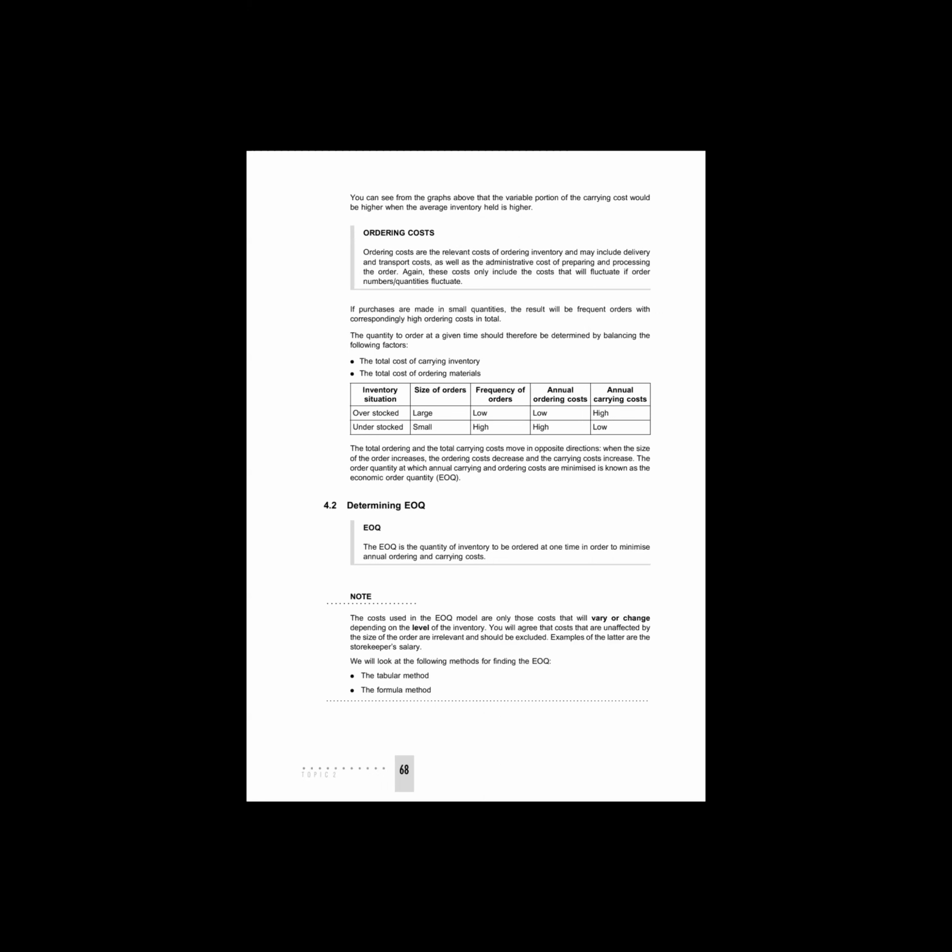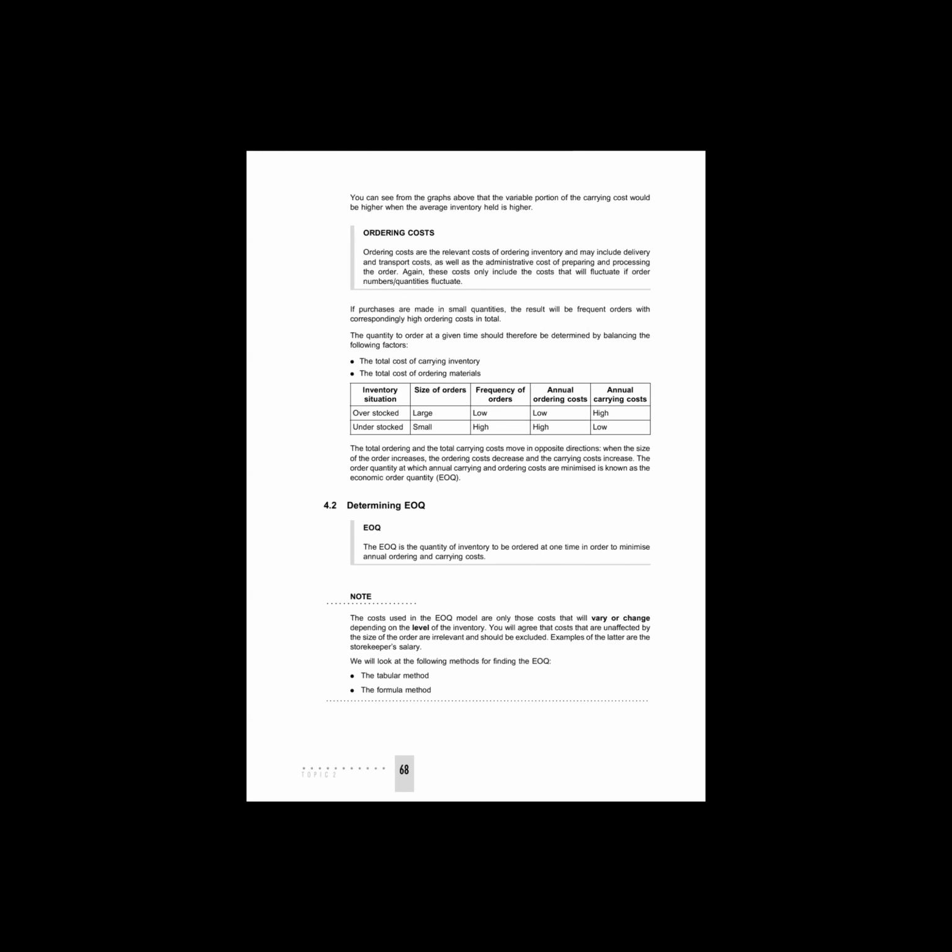If you're understocked, in other words not carrying a lot of stock, then it's likely that the size of your orders is small and you are making these orders frequently. Then the ordering costs are high and the holding costs are low. So ordering costs and carrying costs are always moving in opposite directions.